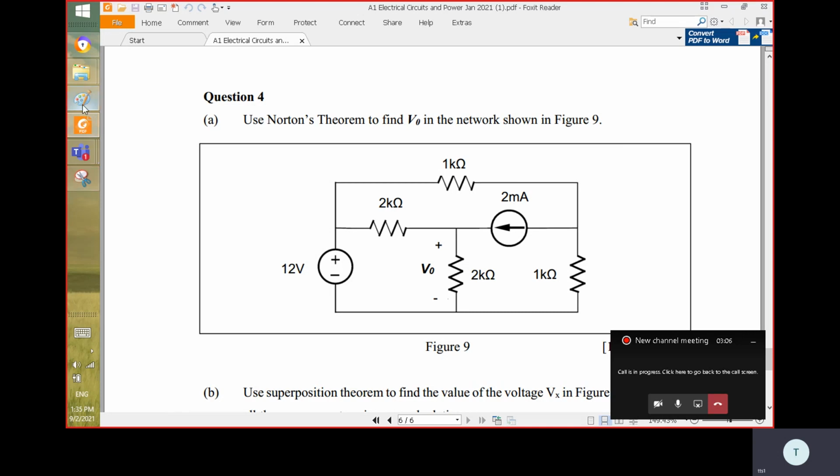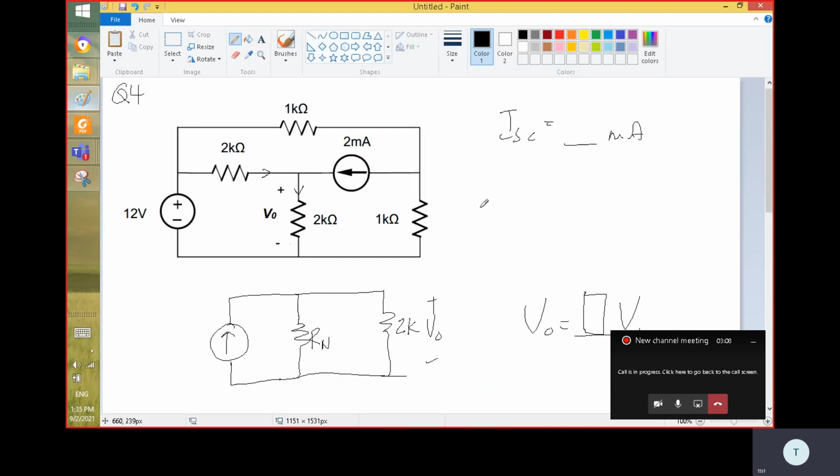So for your first step, we need to find the Norton short circuit current here. I refer to the current right here, ISC, right? The Norton current flowing through the output.